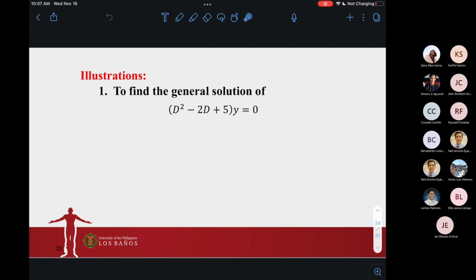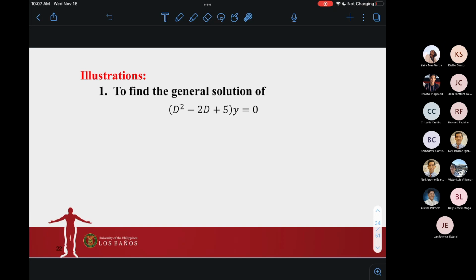So just take the roots r sub i of your auxiliary equation, or your auxiliary polynomial, or what we call the characteristic polynomial, and take the linear combination of e to the root times x. So that's going to be your general solution to the homogeneous GLDE.